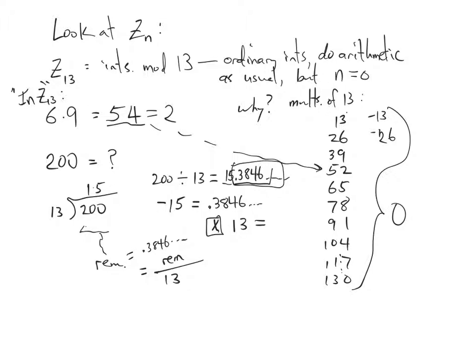So I say minus 15 equals, so I just get the remainder all by itself, and then times 13, and I get 4.999999999, which obviously, if it were not for rounding error, would be 5.